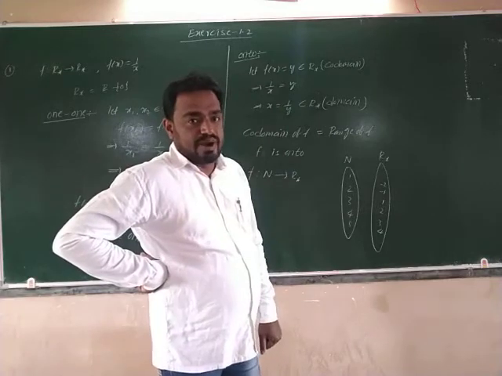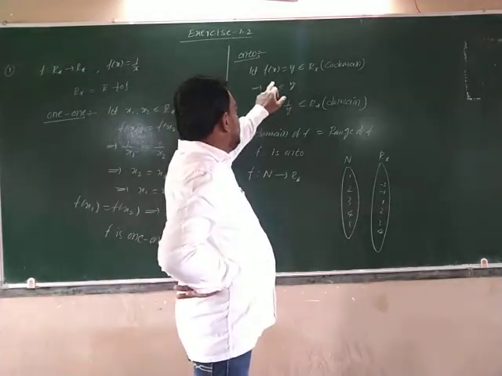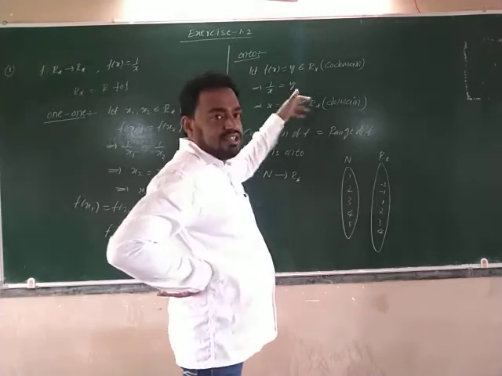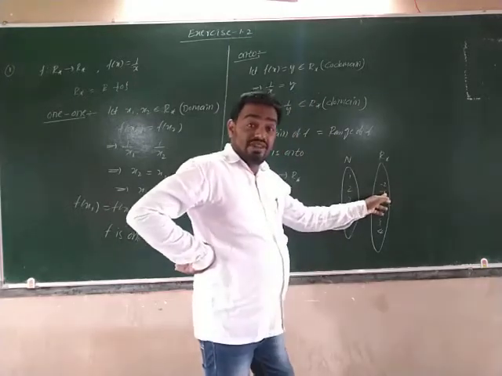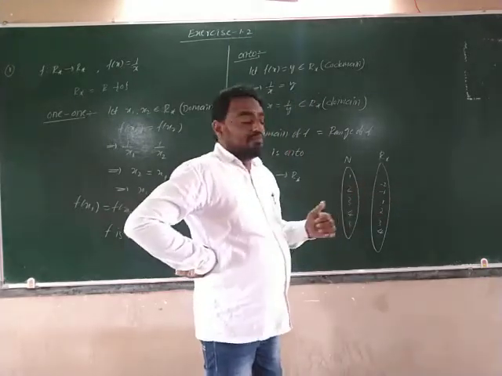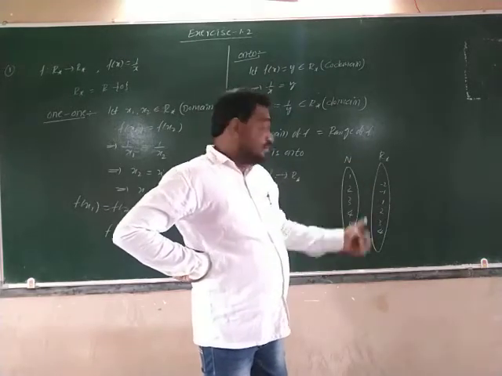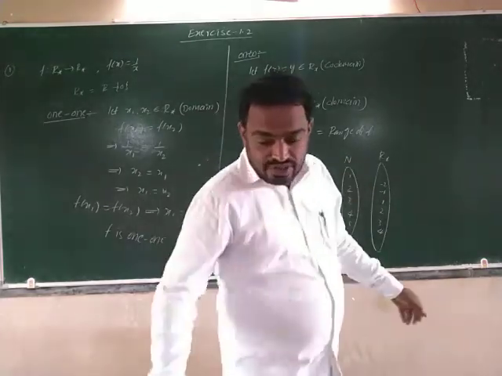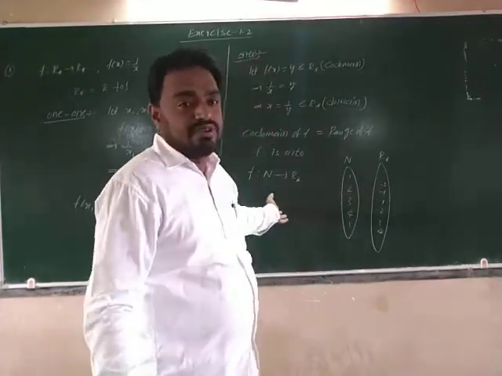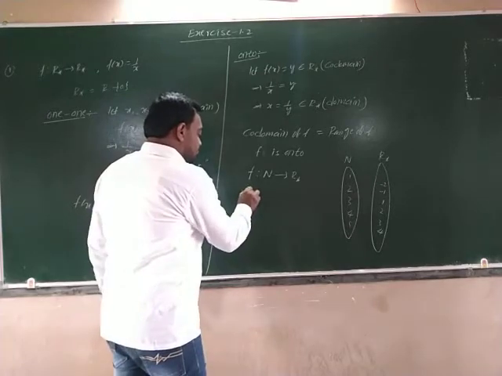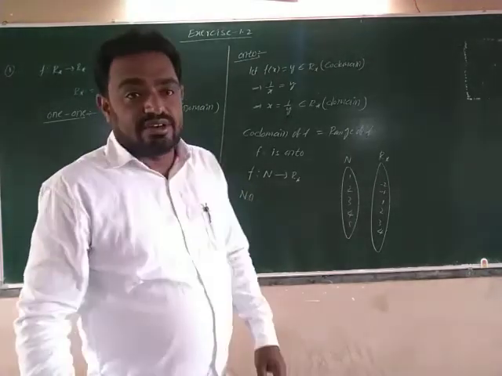So 1 by x is equal to -1 means x is equal to -1. This -1 must be related with -1 only. But here N means positive integers only, so it is not possible. So the answer is no. This is the answer.